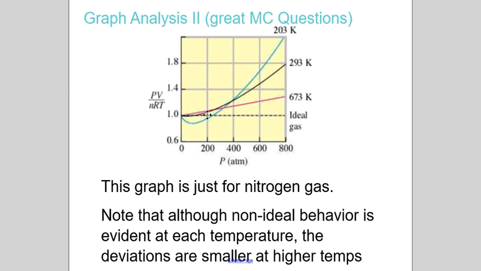It stays pretty close to ideal and then deviates. And then this red one very quickly stops being ideal. So note that although non-ideal behavior is evident at each temperature, the deviations are smaller at higher temperatures.